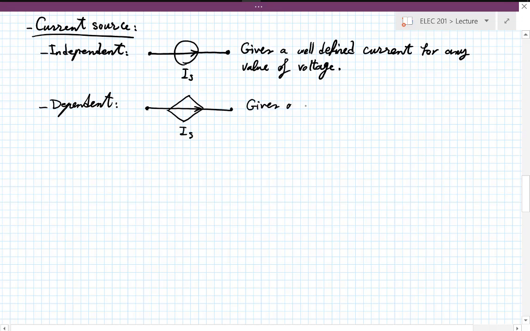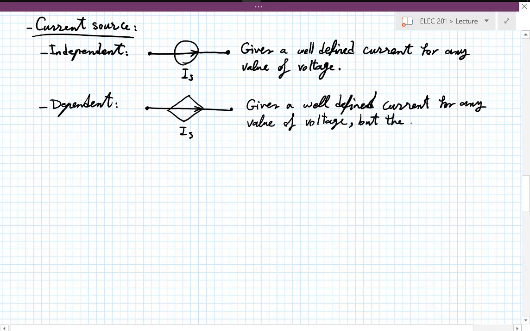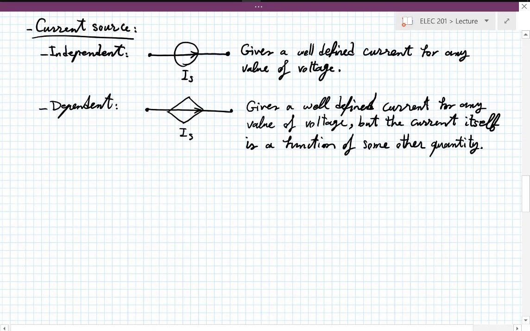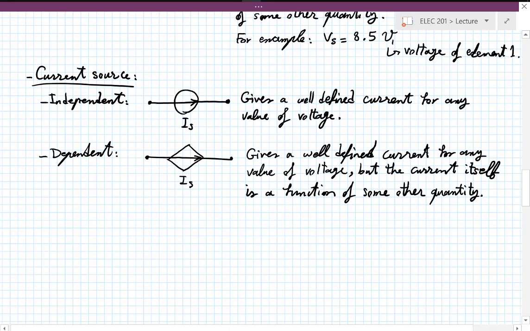And it gives a well-defined current for any value of voltage, but the current itself is a function of some other quantity. Okay? Have a question there?